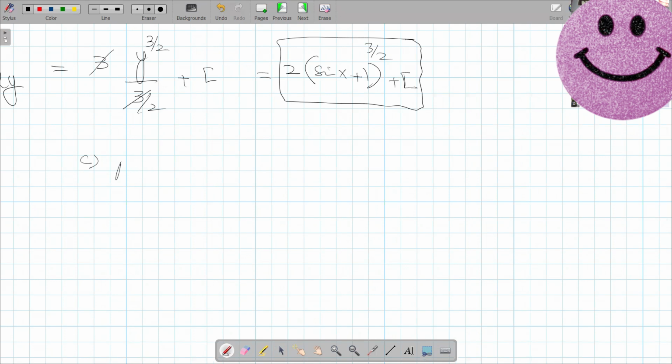In part C, let's compute the area of region R1. The area of the region R1 will be calculated from A to B, and we will integrate the given function, which is 3 times cos x times the square root of sine x plus 1.